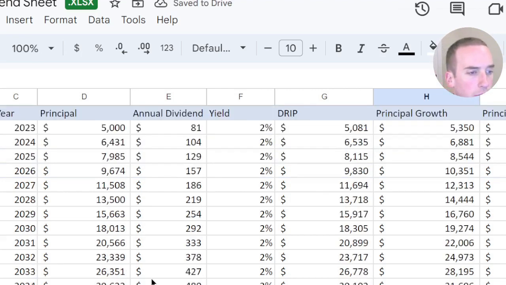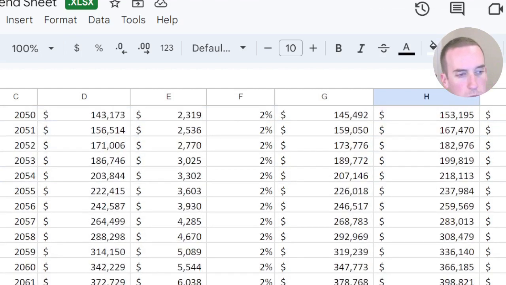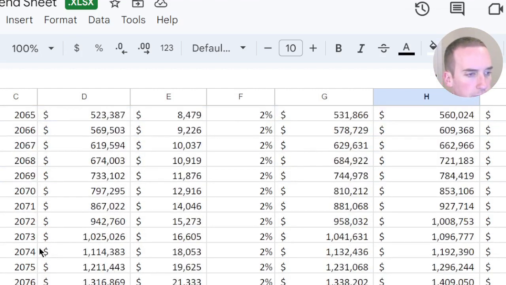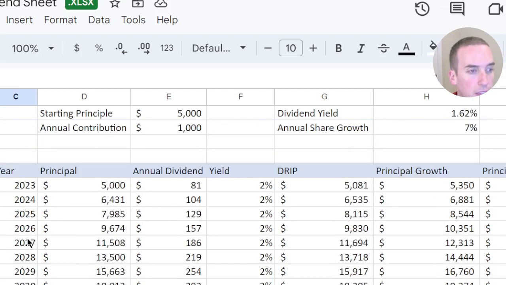If you did this for 50 years, just $5,000 starting out this year, and then $1,000 every year after that, that's pretty doable, right? You could be looking at $1 million in your account, which is awesome.